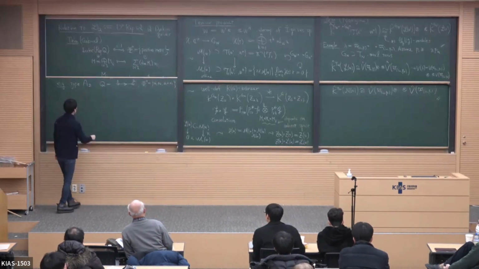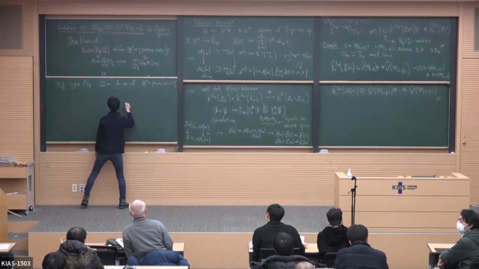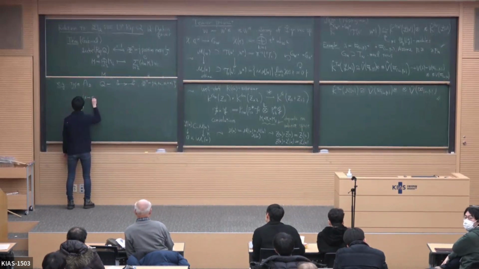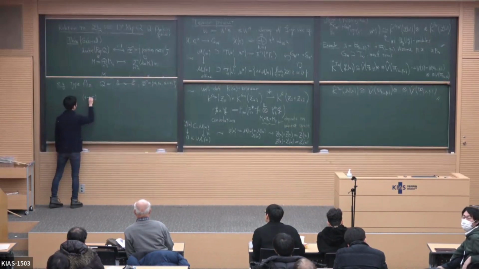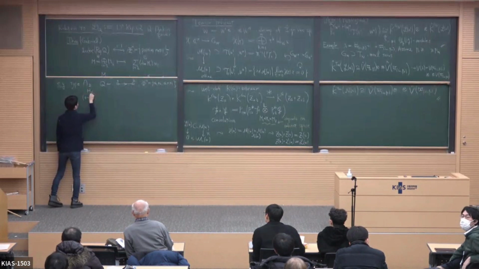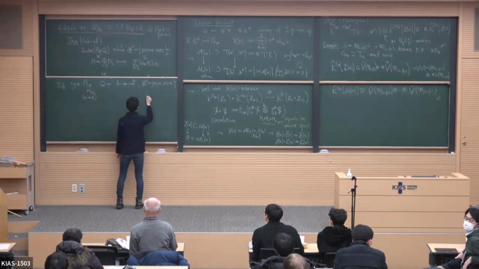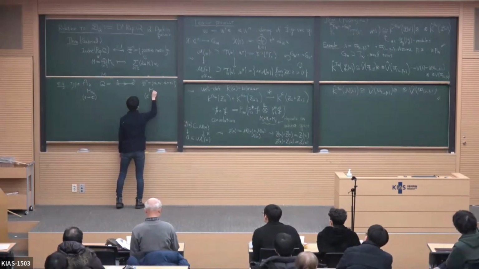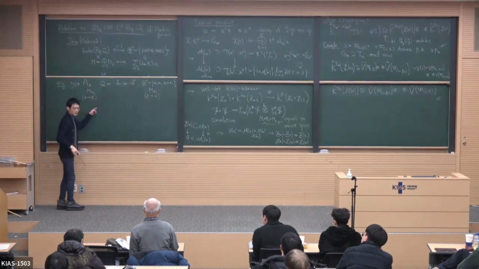As indecomposable representations, we can take, for example, something like this. This is an indecomposable representation whose dimension vector is alpha_2. And also we have this representation. This is indecomposable for alpha_1. Actually, they are simple representations.